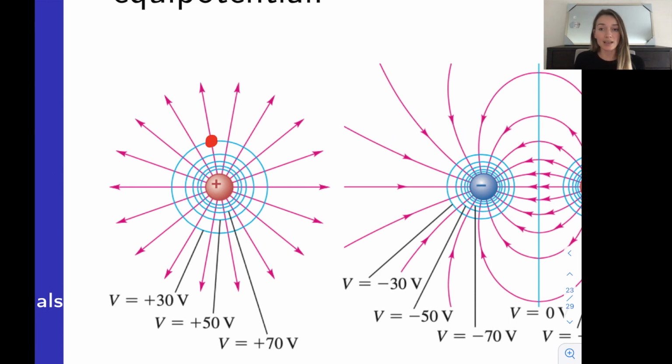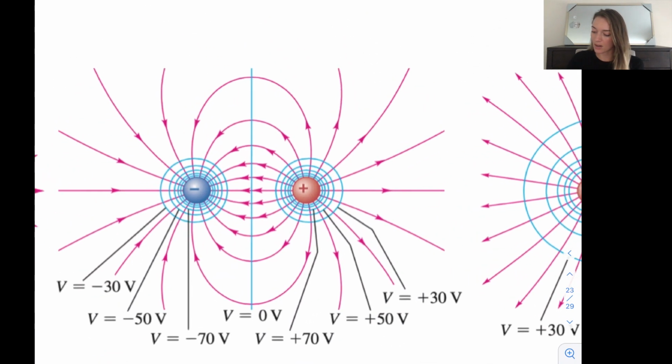You're not doing any work against the electric force. You can see the electric field lines are perpendicular everywhere to your little ring that you moved it around. So everywhere the work done, F dot d, is 0 because it's perpendicular. So you don't have to do any work to move a particle along a line of equipotential.